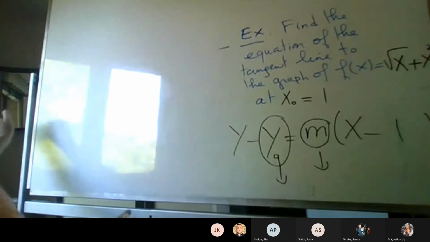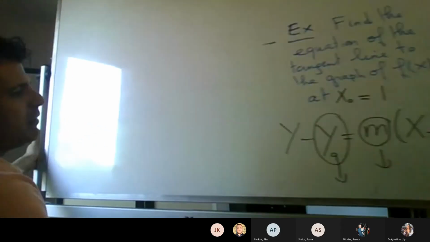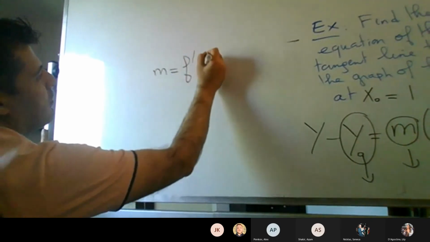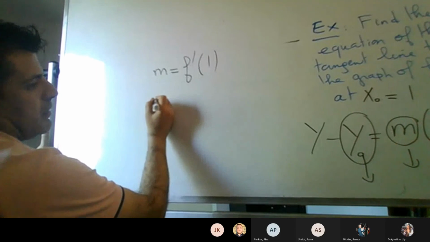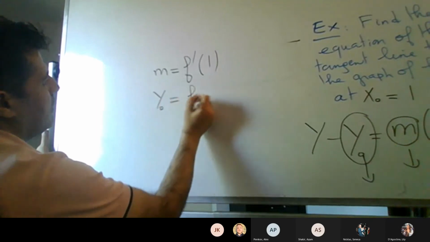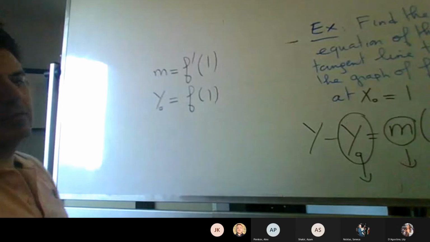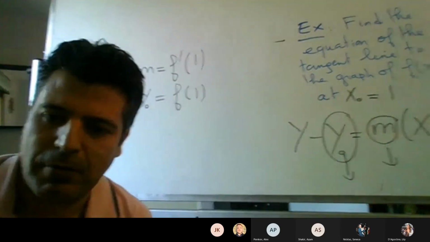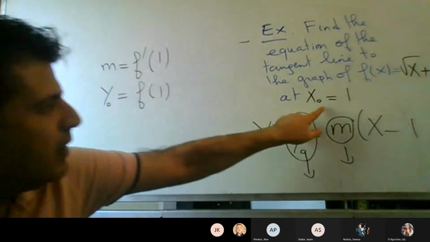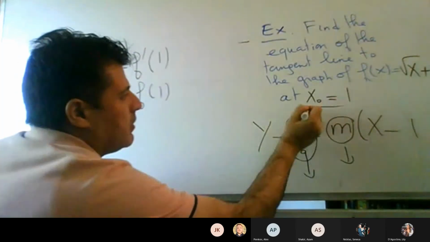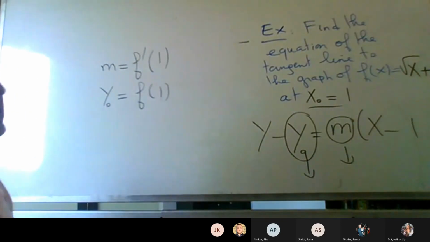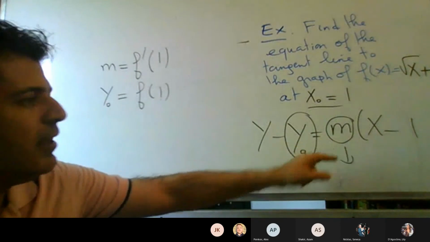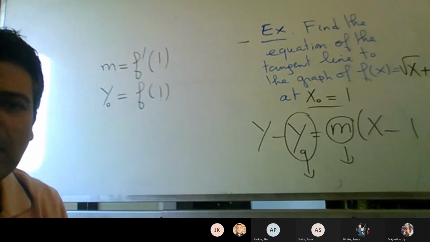So m is f prime at x0, and y0 is f at 1. By definition, m is the slope at this point, x0. So you just need to calculate these values and plug them in, and you are done. That's it. It's very simple.